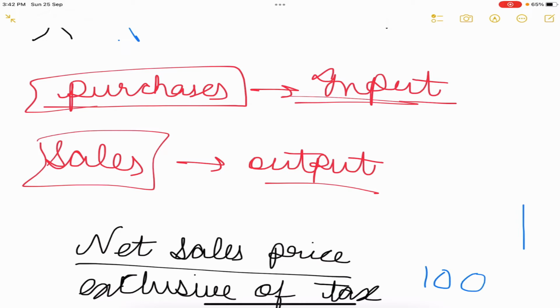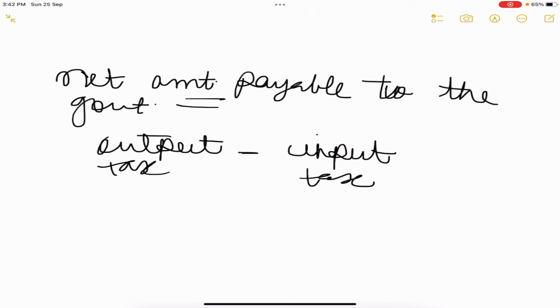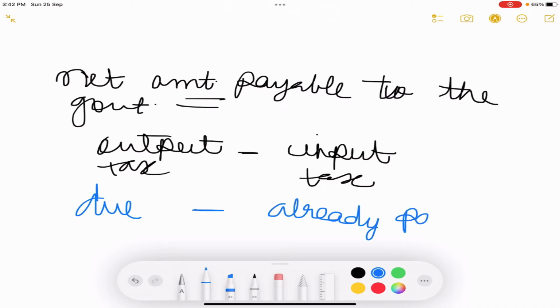Input tax is something which you have already paid, right? So when you purchase something, you have already given the tax. So output tax minus input tax is the net amount which is payable to the government. So output tax is whatever is due minus whatever you have already paid. When you subtract this, you will get the net amount which is payable to the government. Clear? Any doubt?